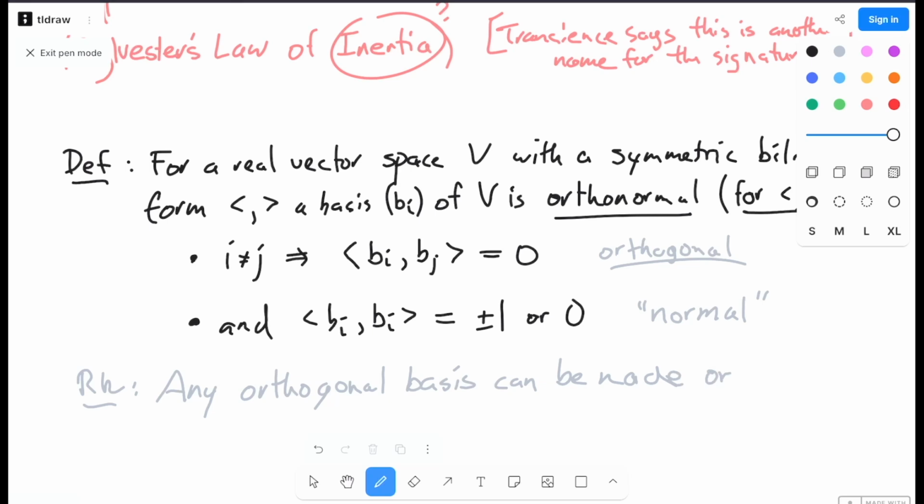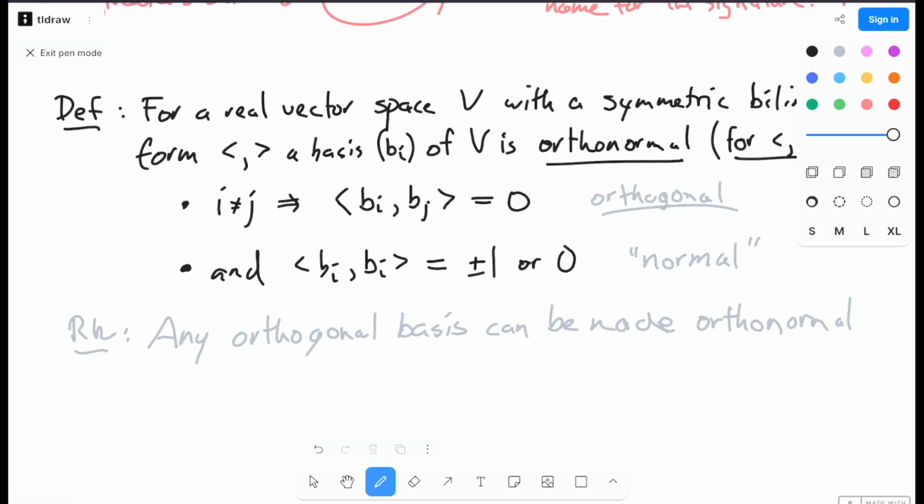And you might say, well, this doesn't even really need to be said because it's exactly the same as the inner product case. Well, it's not quite. Remember the trick there is that you could divide things by the norm or the square root of the norm.